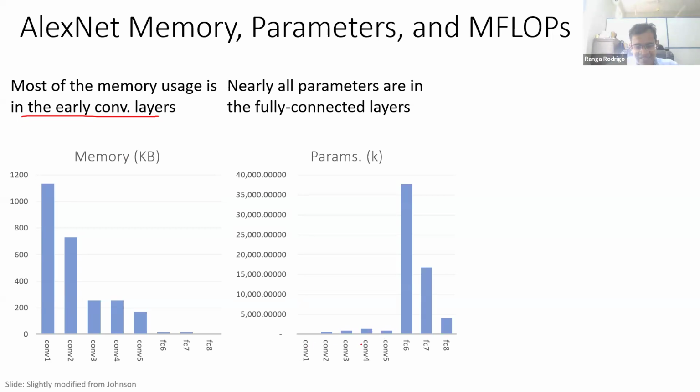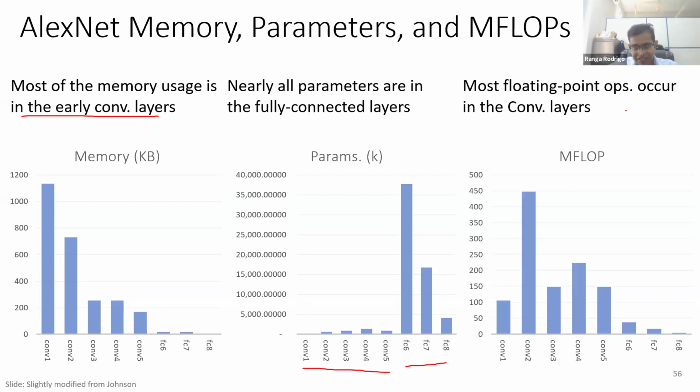In the convolution layers, the number of parameters is less. And the floating point computations are in the convolution layers, and in the later layers it's less. This is the regular nature of a convolution.